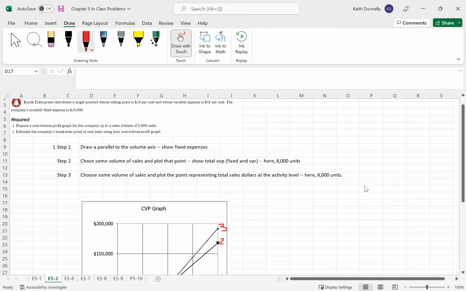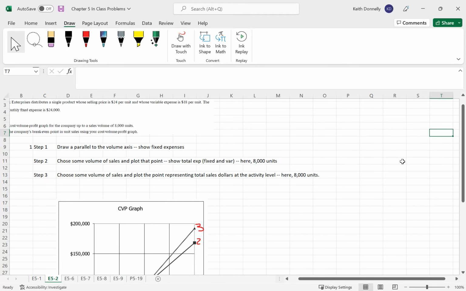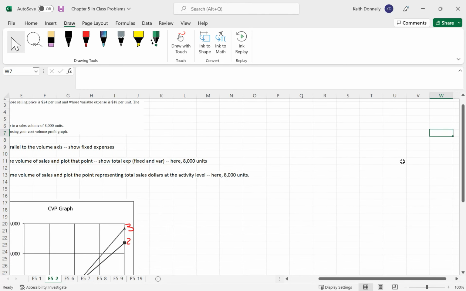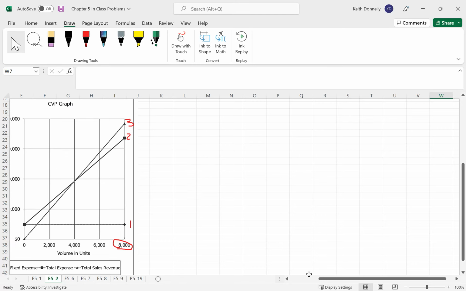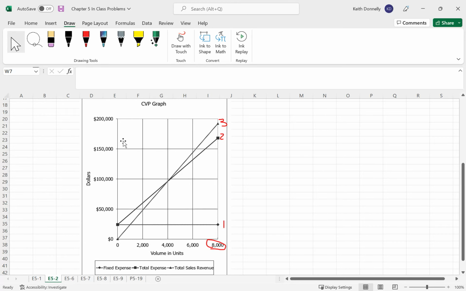The next thing they want to do here is they want us to estimate the break-even point in units, sales using cost, volume, profit graph. Okay, so the idea here is, whenever we do step two, it's a little bit hard to see on here exactly, because these are like broad ranges.